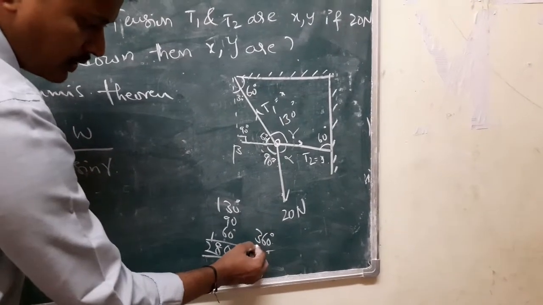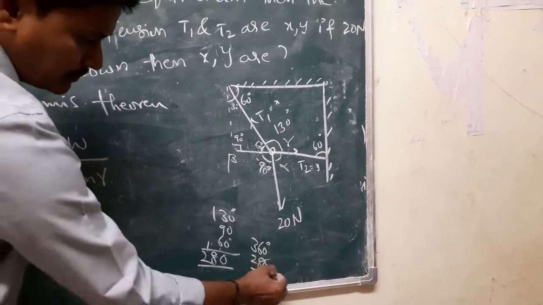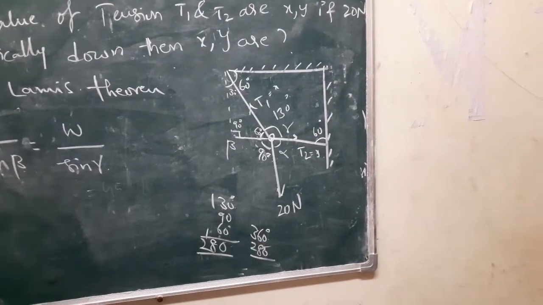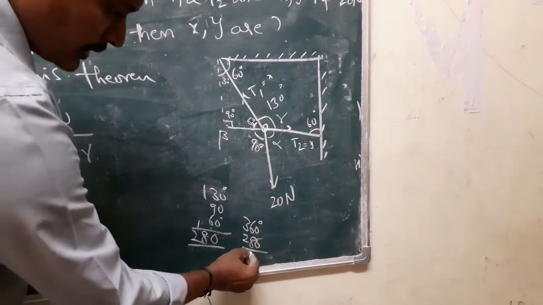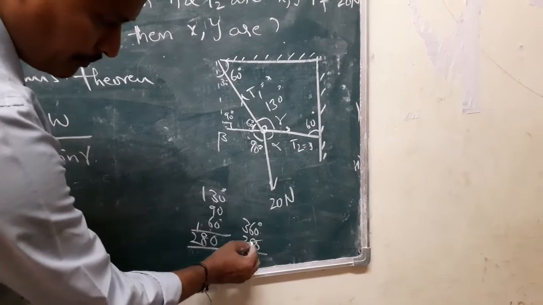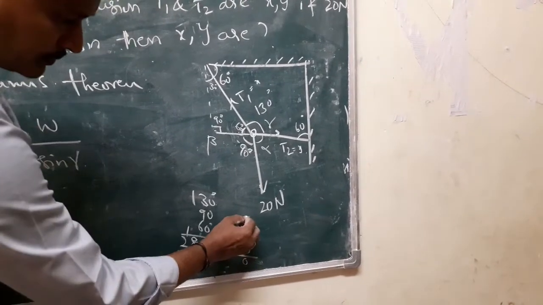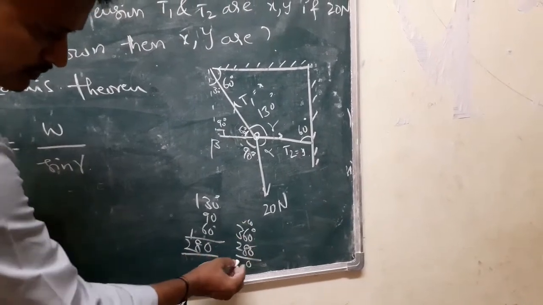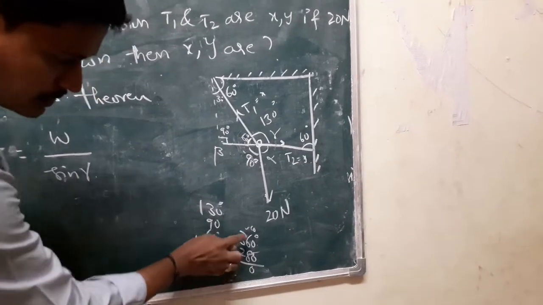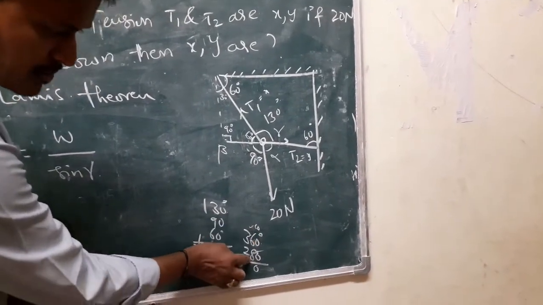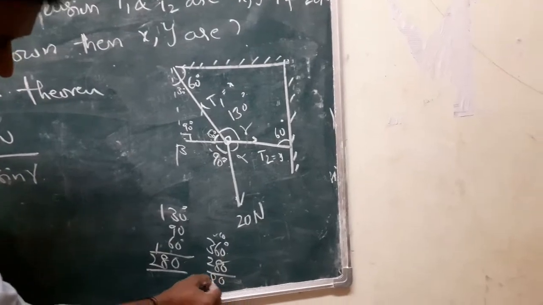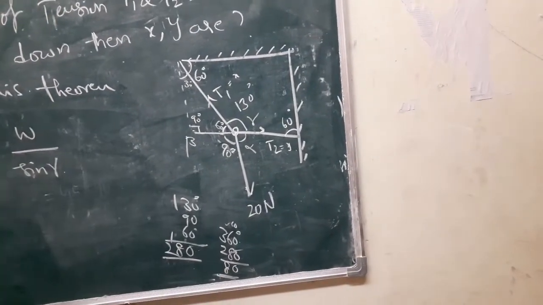360 minus 280, that is equal to how much? 360 minus 280 is 80 degrees.